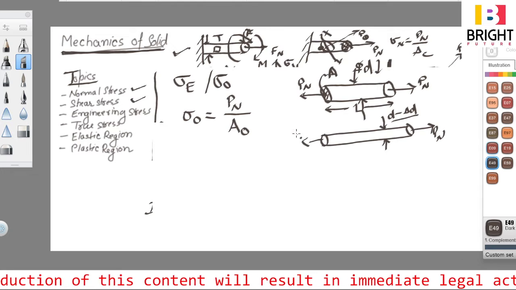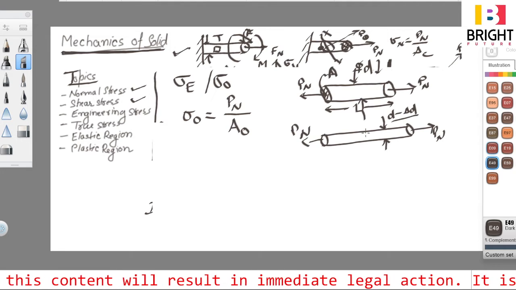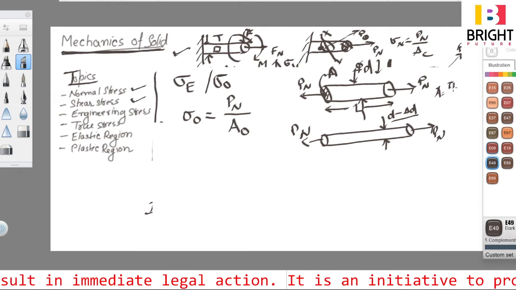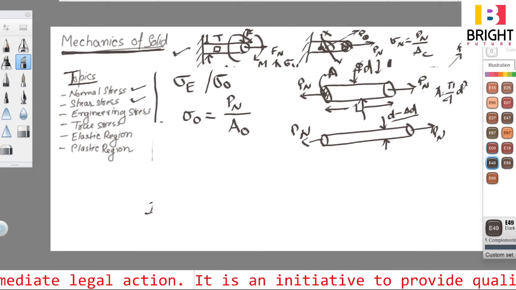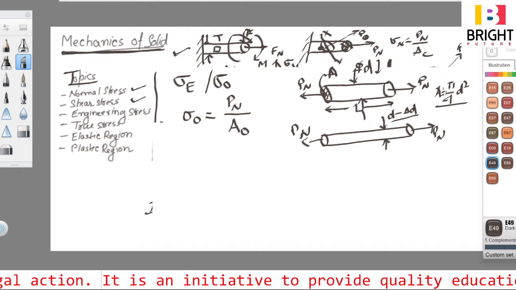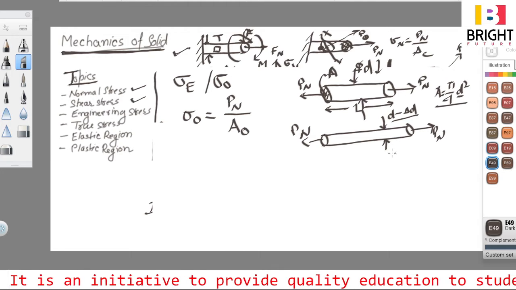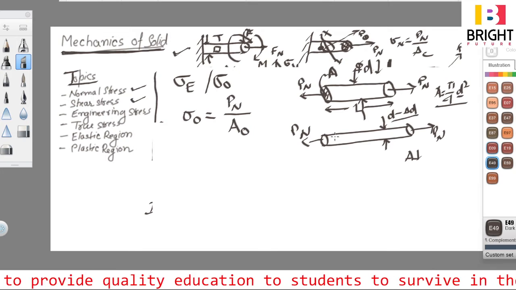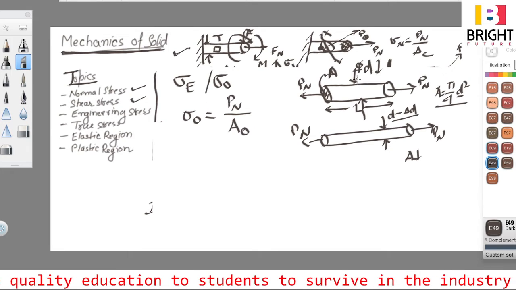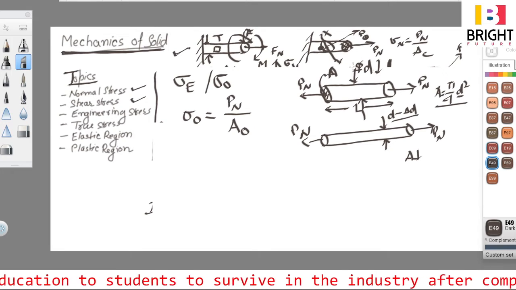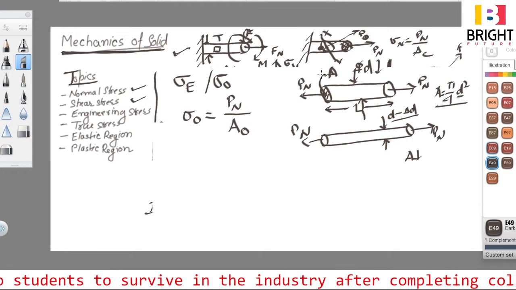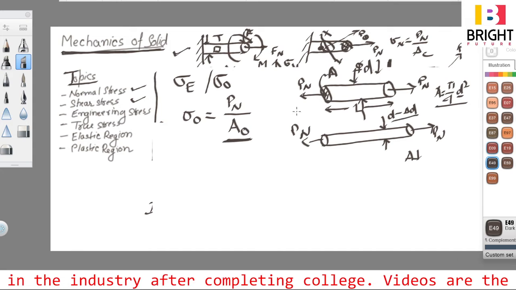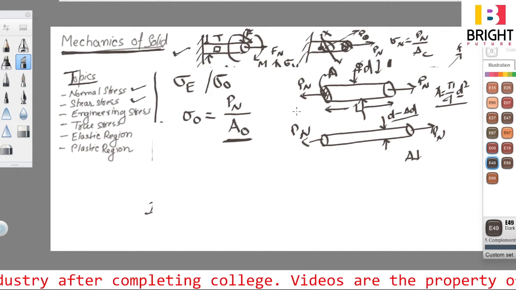So when its diameter will decrease, the area of cross section, which is pi by 4 into D square, will also reduce. So area is not same as it was at initial stage. In calculation of engineering stress, we always take original area which was there during initial stage.